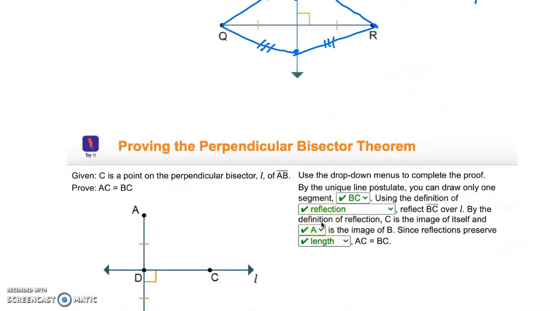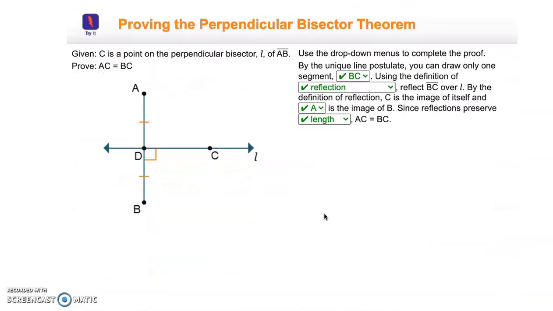However you do that. So here's again something that's just so you can be aware of, but if you have C and you've got a perpendicular bisector, L is a perpendicular bisector, so it forms a right angle and it cuts AB into two equal segments of AD and DB. So we want to prove that AC is equal to BC. We want to prove this theorem. So by the unique line postulate, you can only draw one line, one segment BC.